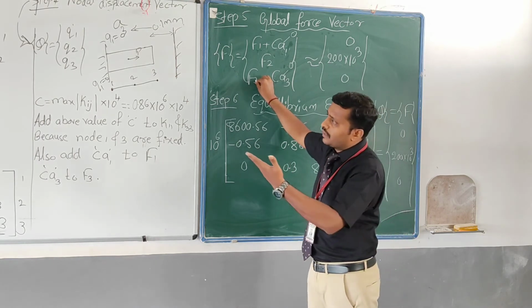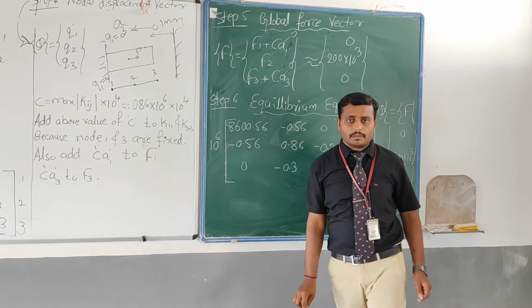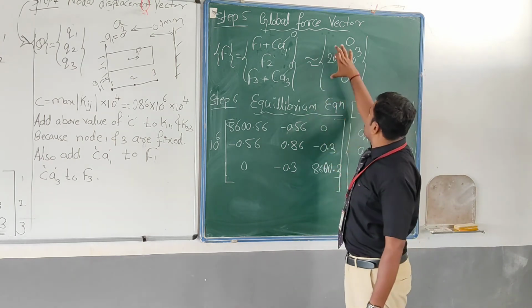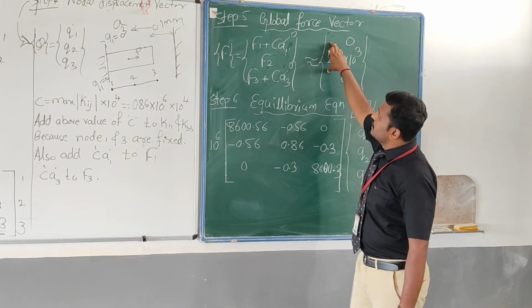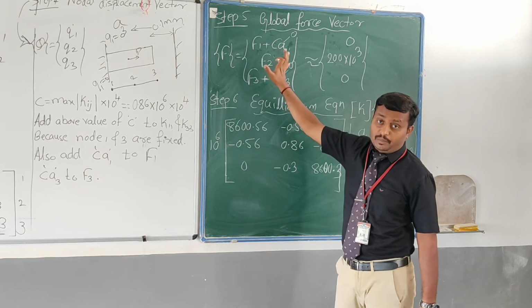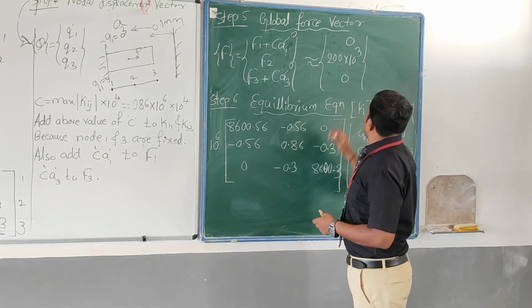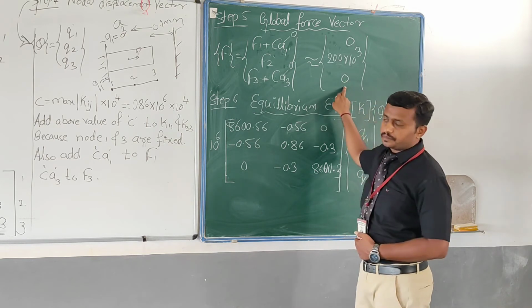There is no force acting at node 3, so that force is also 0. 0 plus 0 is also 0. Clear? This is the force vector, quite a different step compared to the elimination approach. In the penalty approach, it is 0, 200 into 10 to the power of 3, 0.